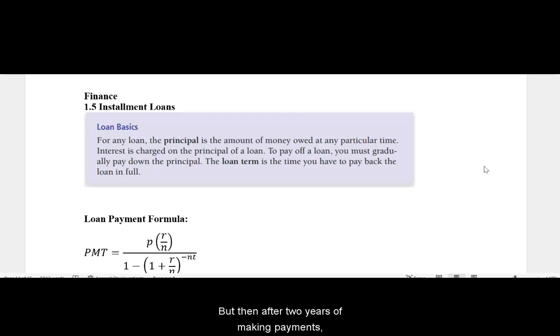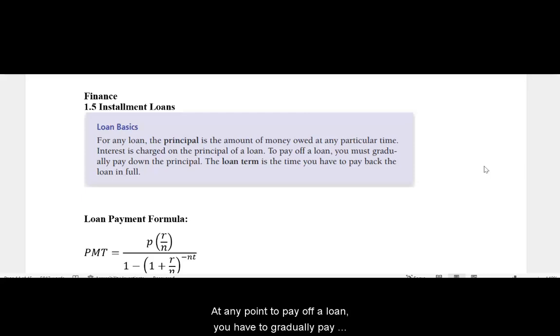But then after 2 years of making payments, that's no longer going to be your principal anymore because you've been paying that principal amount down every single month. So your principal would be different. It would be less. And so that's why we say it's whatever you owe over a particular time, because as I said, every single month, your principal will decrease by a certain amount, and you can check to see what that is at any point.